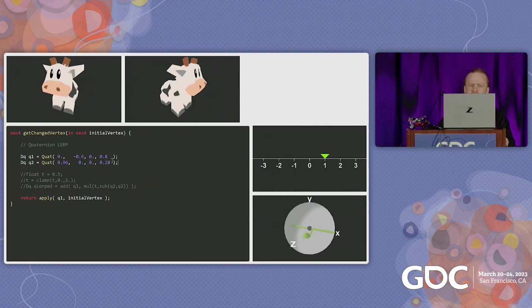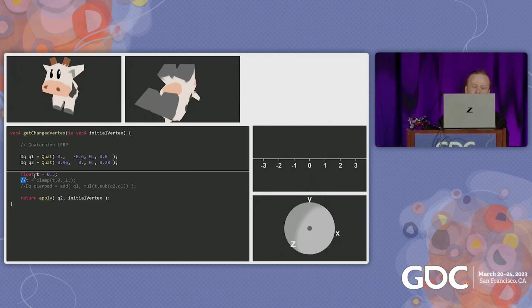What we're doing right now to this cow is applying this relatively mild rotation to it. We're applying Q1 to our cow. Let's change that to Q2 so that you can see what that looks like. It turns the cow upside down. But what if you wanted to interpolate from Q1, from this orientation to the other orientation? It turns out there's an easy enough way of doing that.